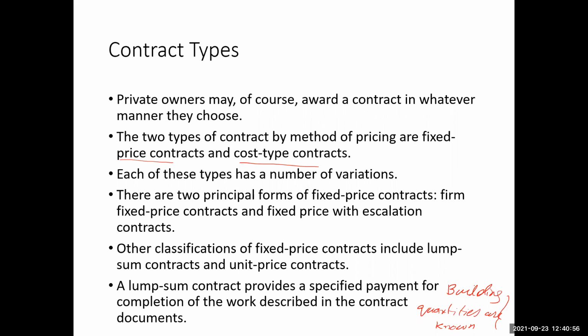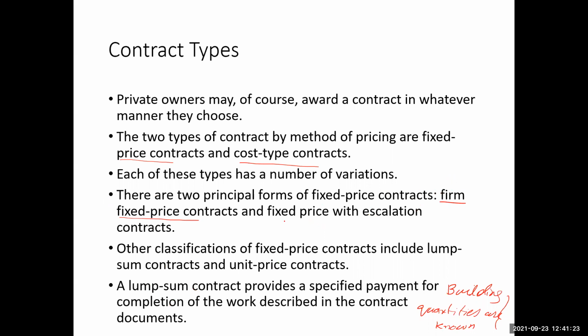As far as the firm fixed price and the firm fixed price with escalation contracts, the firm fixed price is basically the same as the lump sum contract. That means in any case, the owner will not pay more than the certain amount which has been already agreed.